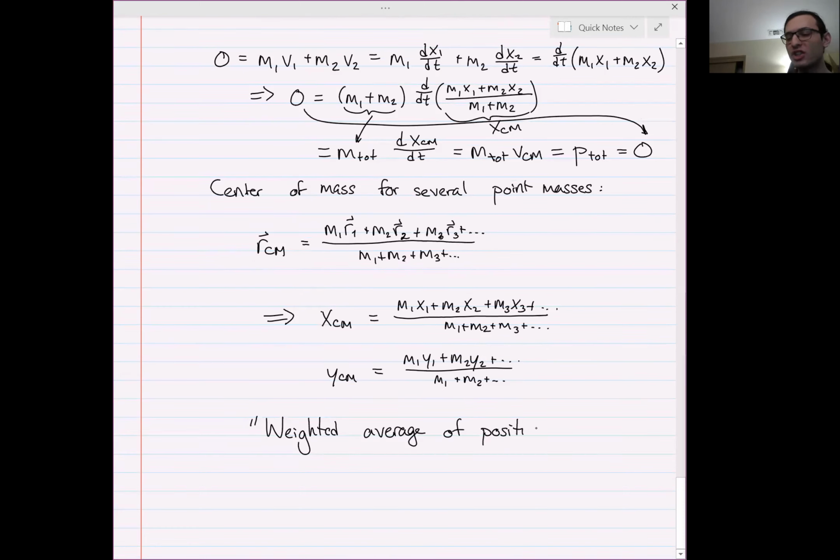So if you have a whole bunch of heavy objects over here, and then one light object over here, the center of mass is going to be close to the heavy objects. Whereas if you have a whole bunch of equally massive objects, all spread out everywhere, the center of mass will just be in the middle of them. So it kind of just tells you, if you treated all of the objects in your system as just a single point, where would that point be?